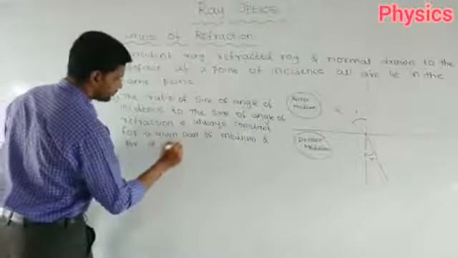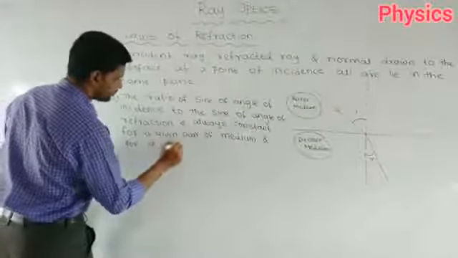Suppose you change the angle of incidence for the same condition, that is the same pair of media and the same wavelength of light. If you change the angle of incidence, then the angle of refraction also changes. But the ratio of the sine of the angle of incidence to the sine of the angle of refraction will not change.